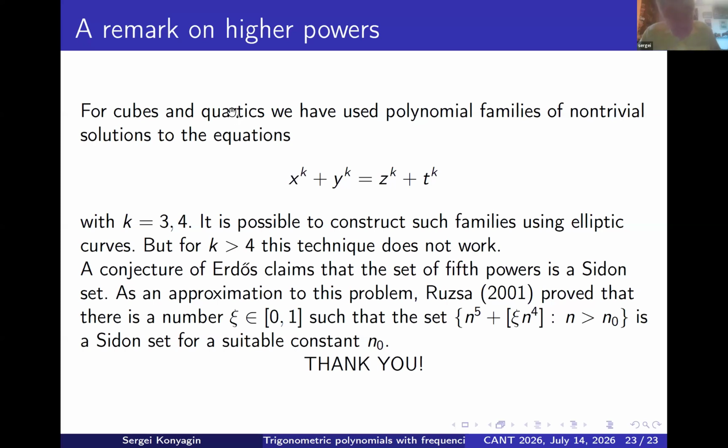There can be interesting questions: what do we do if our function is not a polynomial function?